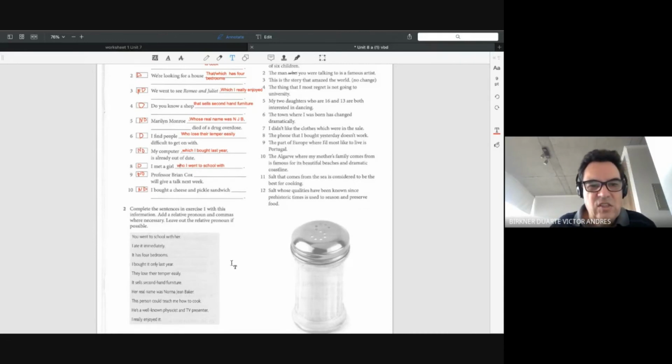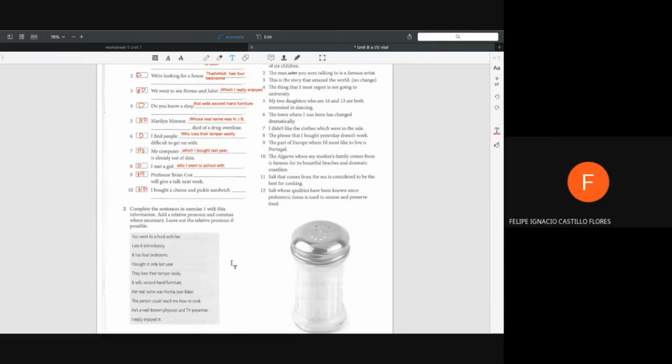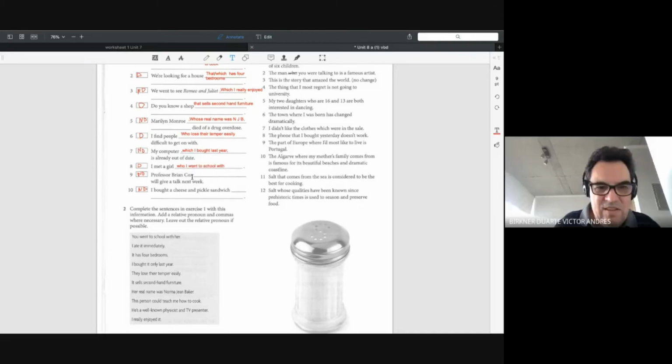Okay, number 9, Professor Brian Cox will give a talk next week, who is a well-known physicist and TV presenter.